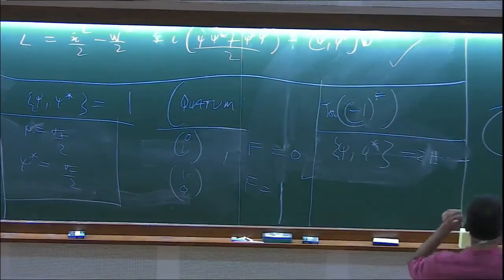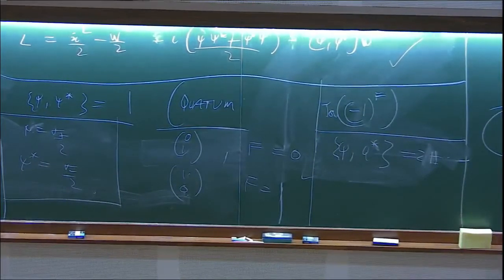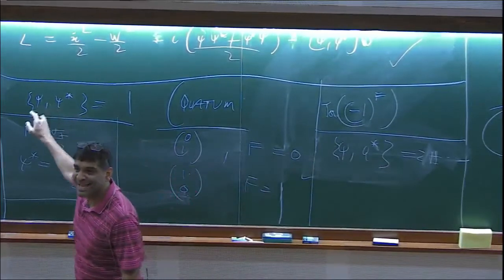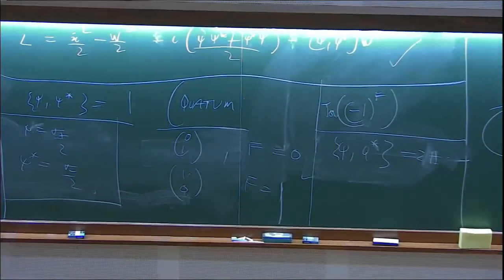If E is 0, then the representations of this algebra are simply that q and q star both annihilate that state. It's a one-dimensional representation. On the other hand, if E is non-zero, then up to a rescaling, this is the same algebra as this, and q and q star, up to a rescaling, are represented by sigma plus and sigma minus.